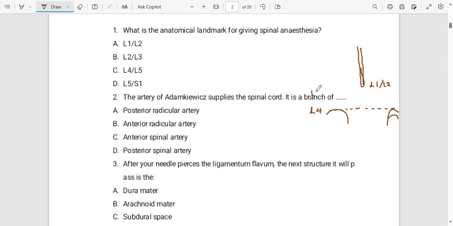So up, you are going to L3, and that intervertebral space you are going to is going to be between L3 and L4. But because the spinal cord in adults ends between L1 and L2, you can use this space for spinal anesthesia, L2, L3, or you can use this space L3, L4. It is going to still be fine.